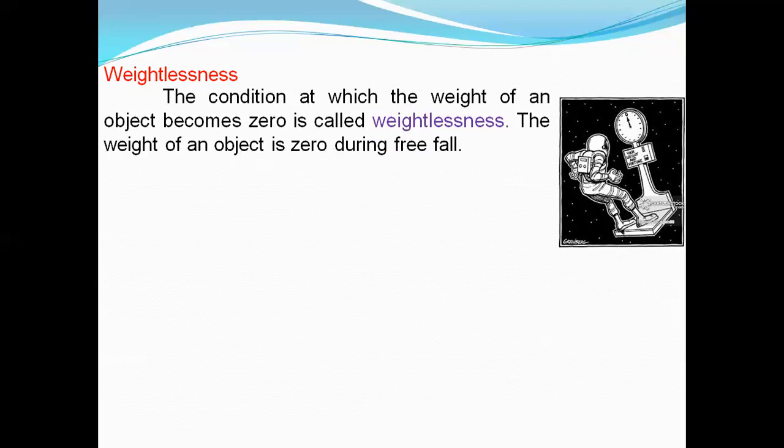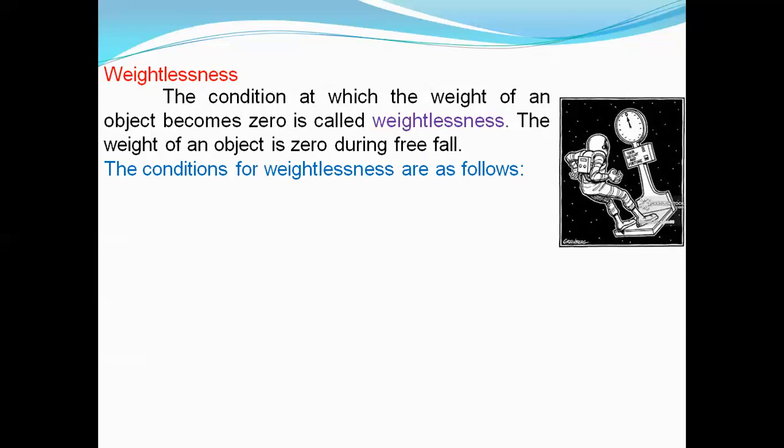So when an object is in the condition of free fall, there is no reactional force, so the object does not show any weight in the spring balance. The condition at which the weight of an object becomes zero is called weightlessness. The weight of an object is zero during free fall.